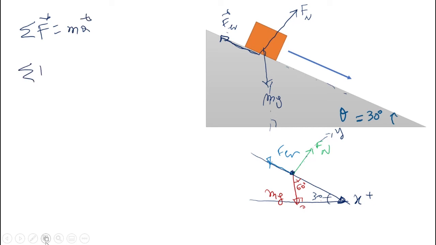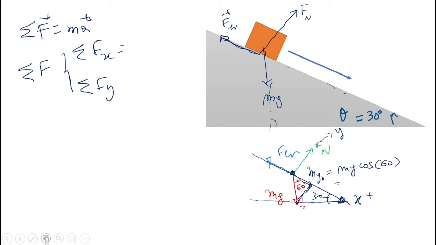This sigma F has a coordinate on x, which is sigma Fx and sigma Fy. Sigma Fx, if this force mg has coordinate on x, we drop mg on x perpendicularly, it will be mgx. Mgx will be mg cosine of 60 degrees or mg sine of 30 degrees.